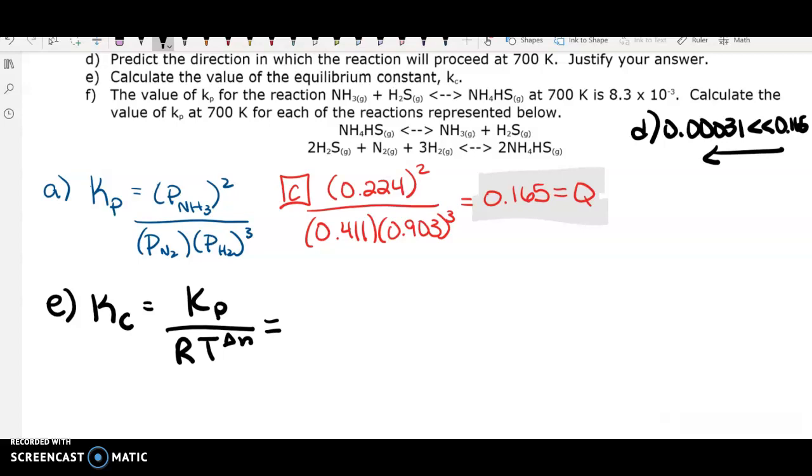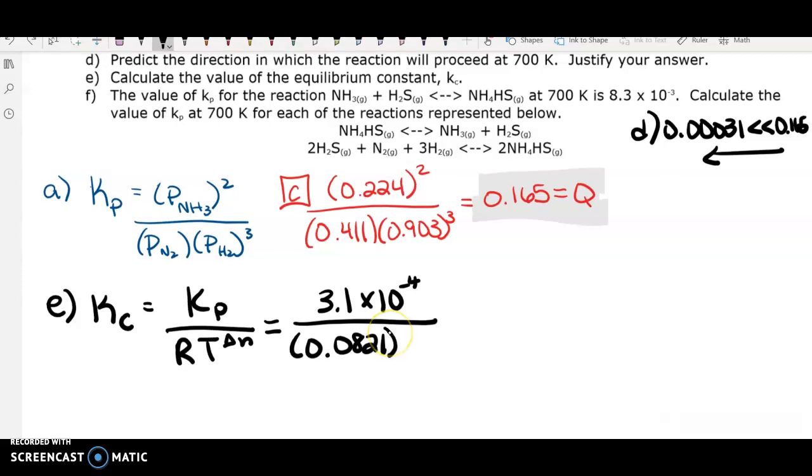In this case, I'm going to be plugging in the same Kp that I had before, 3.1 times 10 to the minus 4, over my R value, 0.0821. Remember, I've got to convert my temperature to kelvins, but in this case, it was already given to me in kelvins. So I have 700 kelvins.